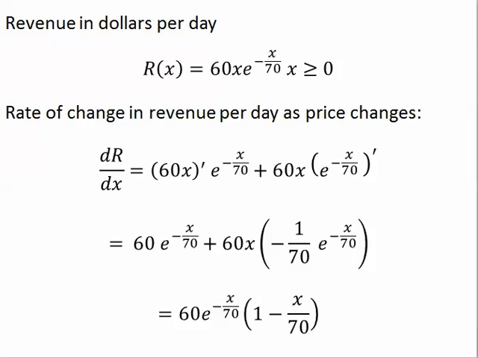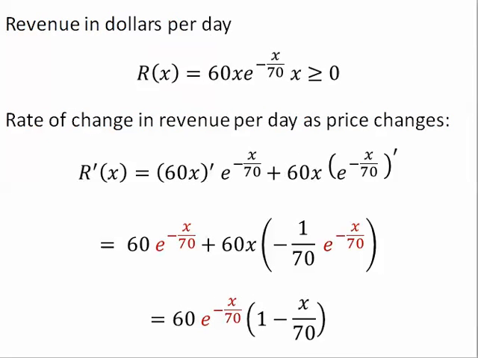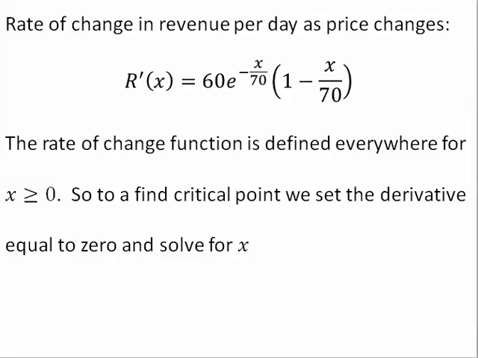Now let me show you what I did to clean that up. I factored out the e to the negative x over 70, and I also factored out a 60. So that's my derivative of my revenue function. The rate of change in revenue per day as price changes is R prime.